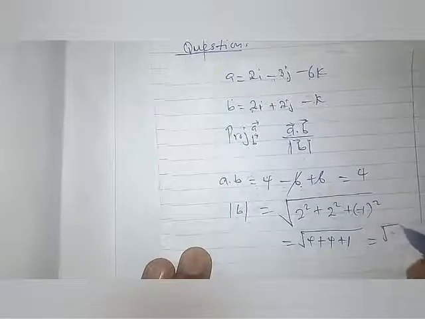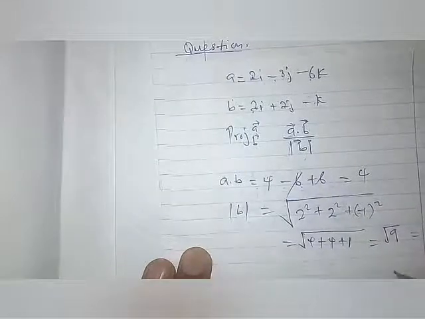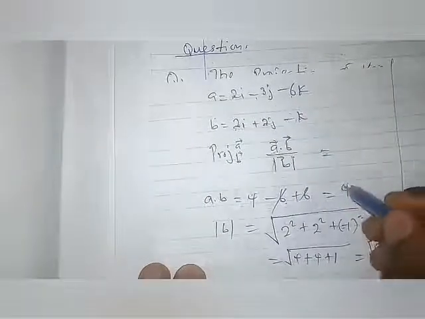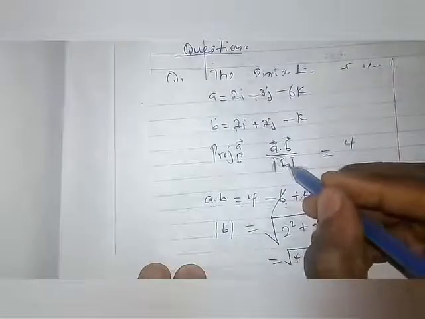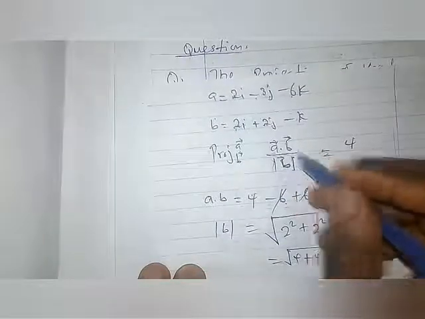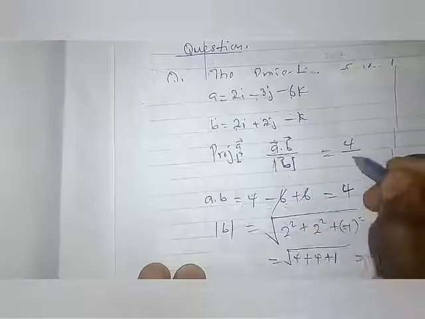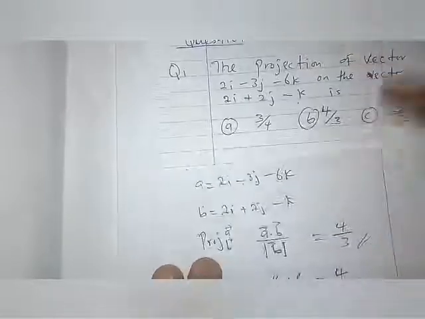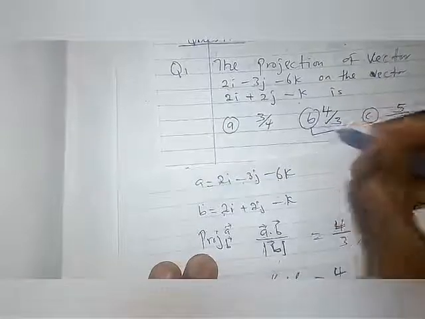That is the root of 9, which is equal to 3. So the scalar product is 4, and the magnitude of B, which vector A is projected on, is 3. So we have 4 over 3 as our projection. So the answer here is B.